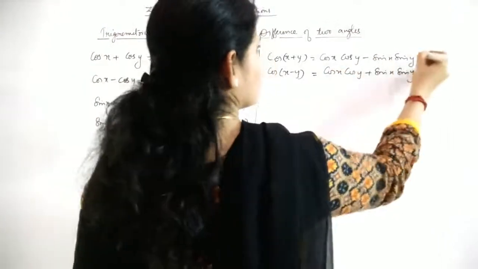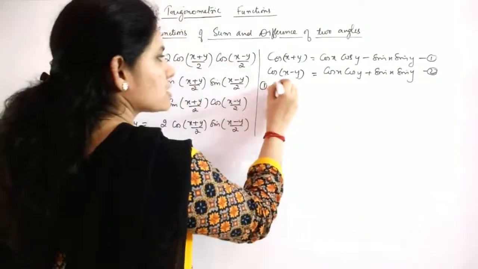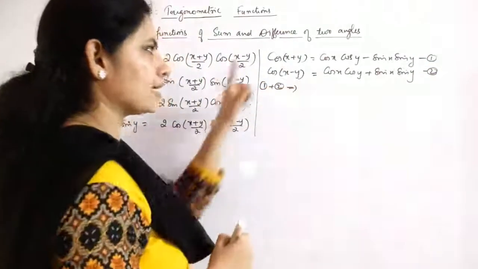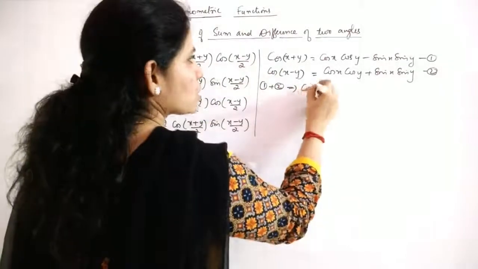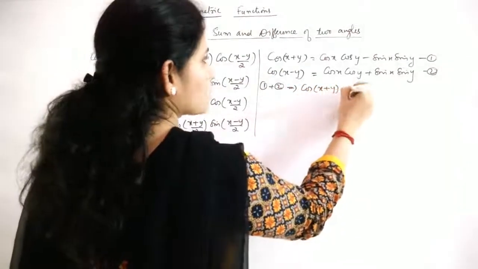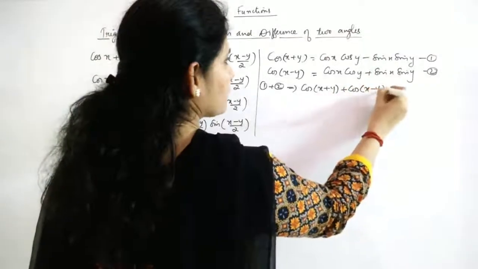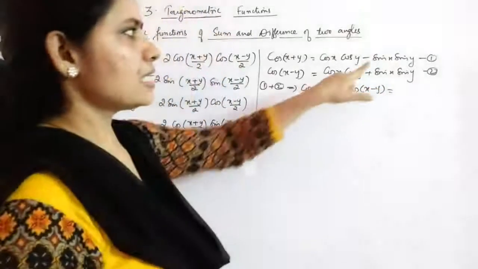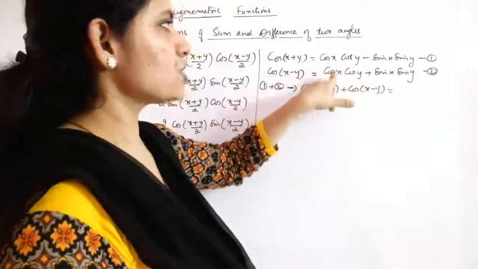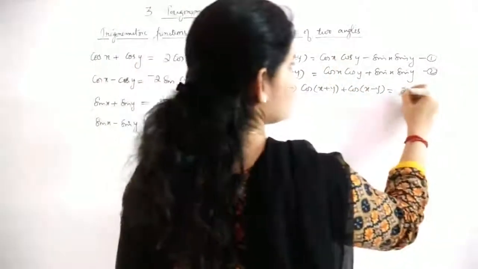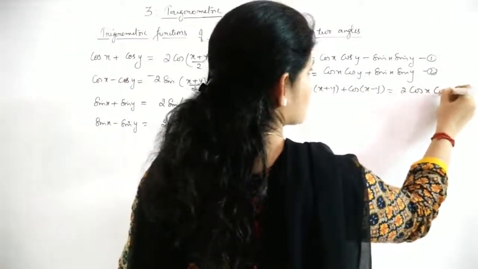Now if this is 1 and this is 2, and if I am adding the two equations, what I will get? The left hand side will become cos of x plus y plus cos of x minus y, and on the right side these two will get cancelled and you will get 2 times of this. So it is 2 cos x cos y.